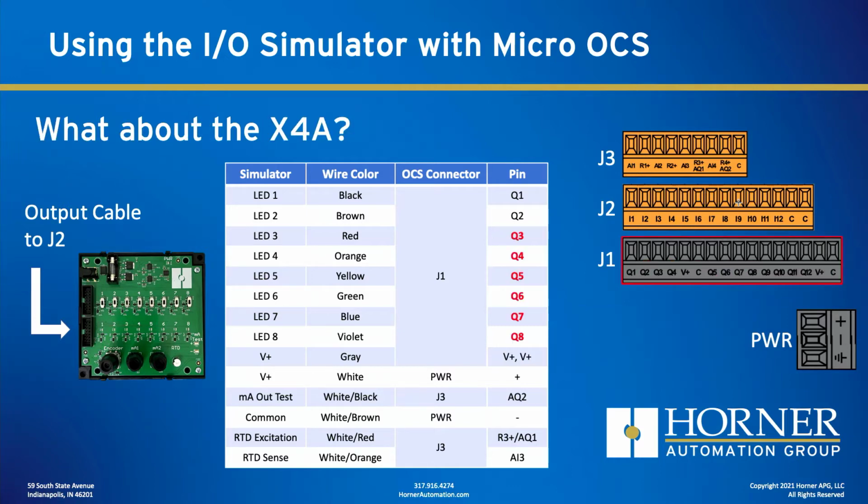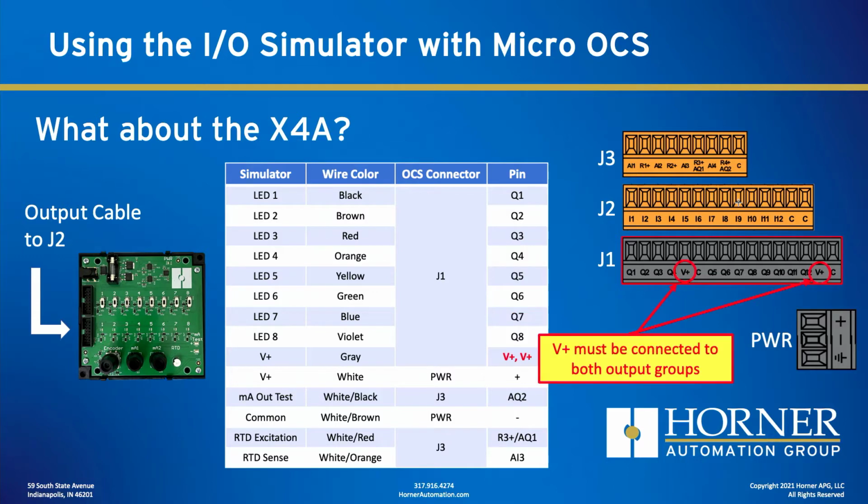Now, what if you have an X4A or any Model A Micro OCS, for instance? The Model A, remember, has 12 DC outputs instead of 6 relay outputs plus 2 solid-state high-speed outputs. With the X4A, it's pretty straightforward. The only changes really are in the part of the pinout that I've highlighted in red there.